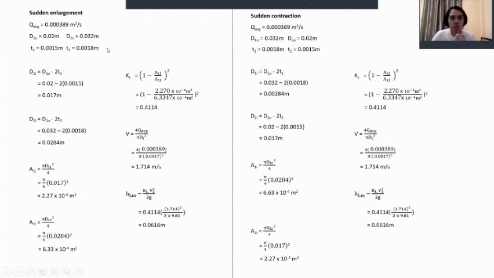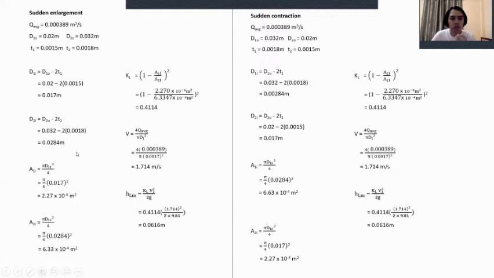First we need to find D1, which is the diameter of the pipe minus 2T1 respectively. So it's 0.02 minus 2 multiplied by 0.0015 and we will get 0.017 meter. We also do the same for the diameter of the second one, which gives 0.0284 meter.